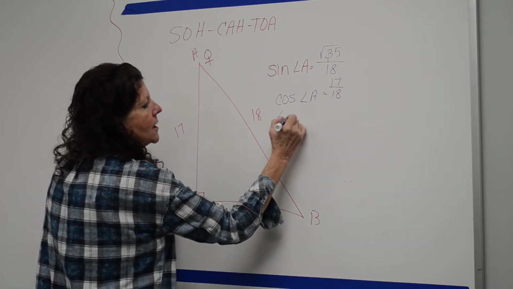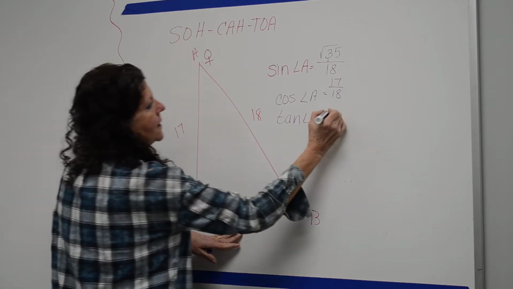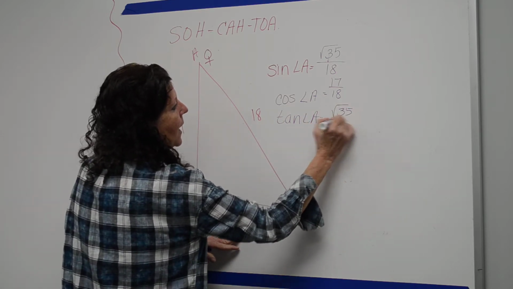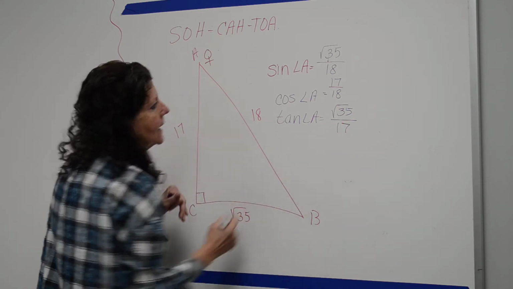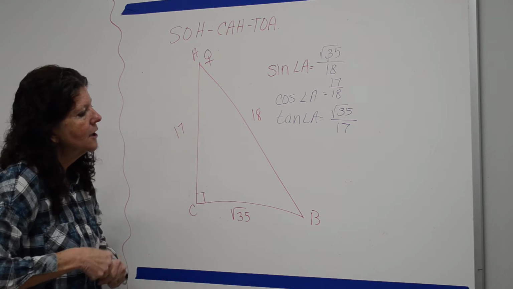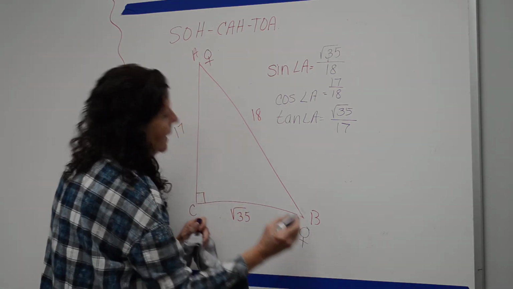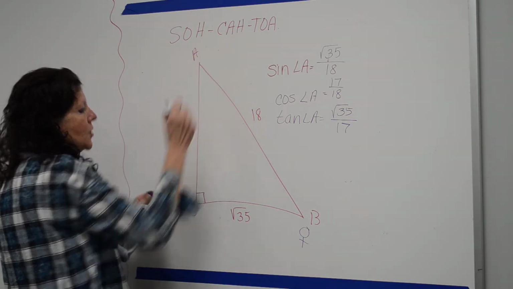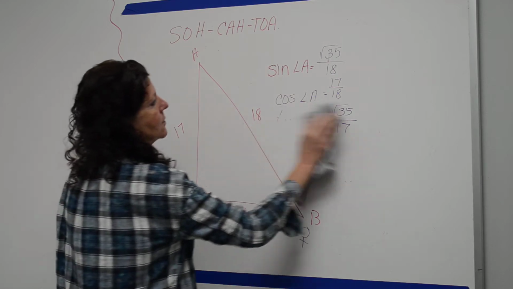And the tangent of angle A is equal to the opposite, which is the square root of 35, over adjacent, which is 17. Then, let's say you run on down here, and now you're standing at angle B. Go ahead and do angle B, pause your video, and then come back and check your answers.